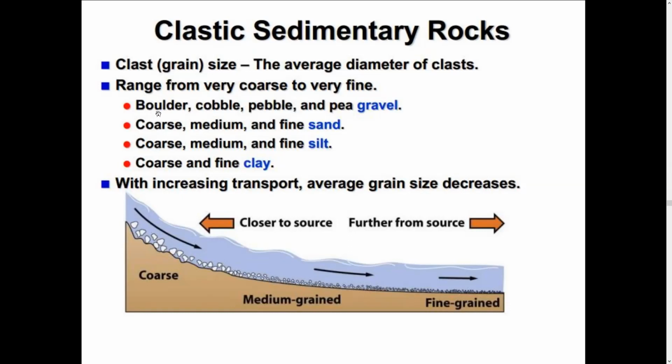So you have, for example, boulders, cobbles, and pebbles. So also gravels. I'm sure you have heard of gravels. For example, a gravel road. They don't call it a sand road because it's not made from sand. It's made from gravel, much larger than sand. So it means such sediments can be arranged in terms of their size, from those that are coarse to those that are medium and to those that are fine, right?